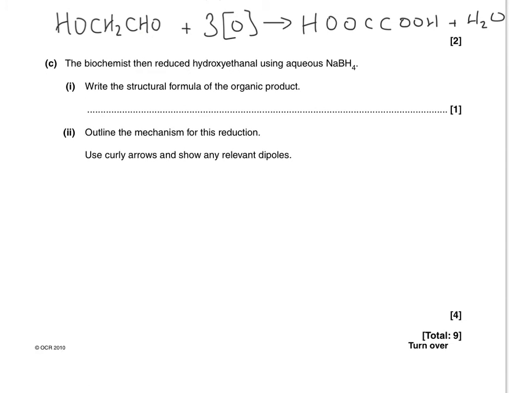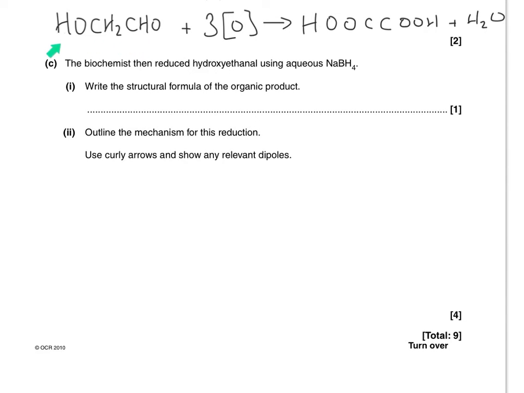So the last part of the question, part C, talks about the opposite of oxidation now. So we're talking about reduction using aqueous NaBH4. And that's the reducing agent used to reduce carbonyl compounds. So what that's going to do is it's going to reduce the aldehyde part of the molecule.